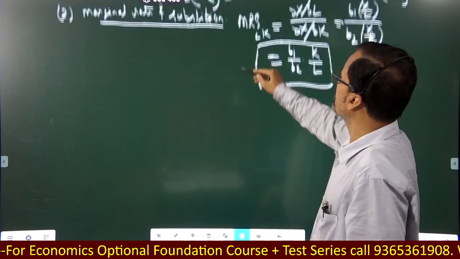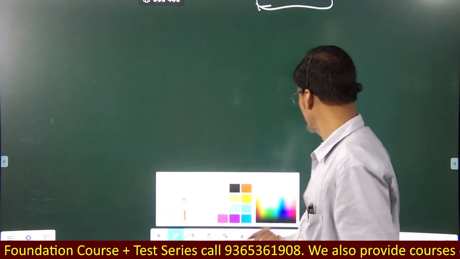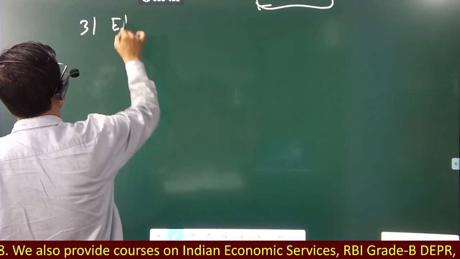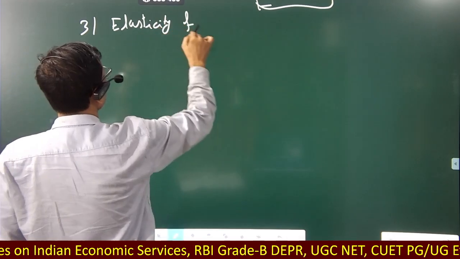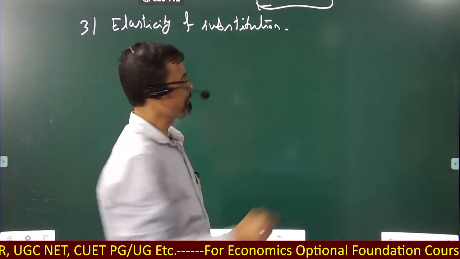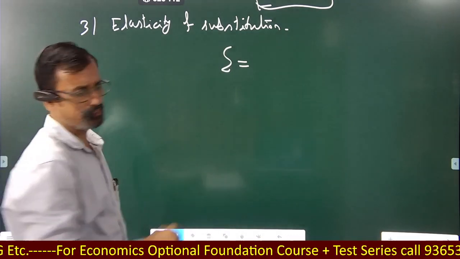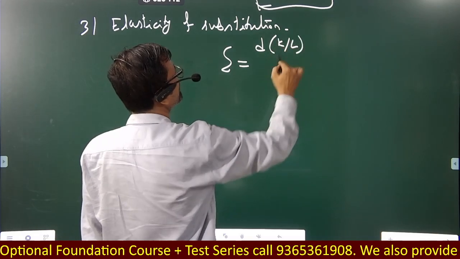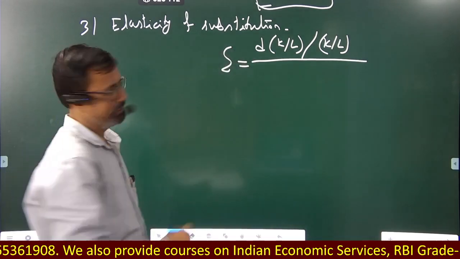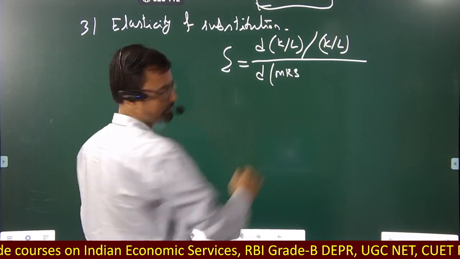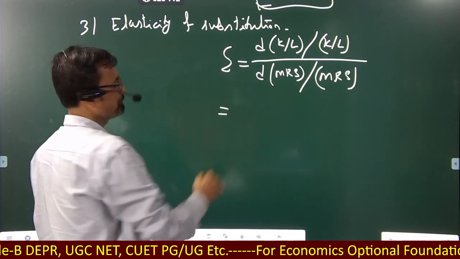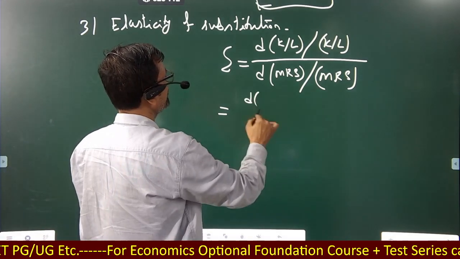Again, from this same production function, mostly the question asked is the elasticity of substitution of the Cobb-Douglas production function, which is given by sigma equals d(K by L) divided by K by L, divided by d(marginal rate of substitution of labor for capital) divided by the marginal rate of substitution.